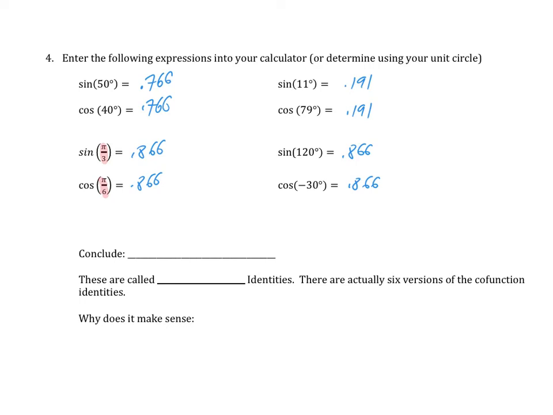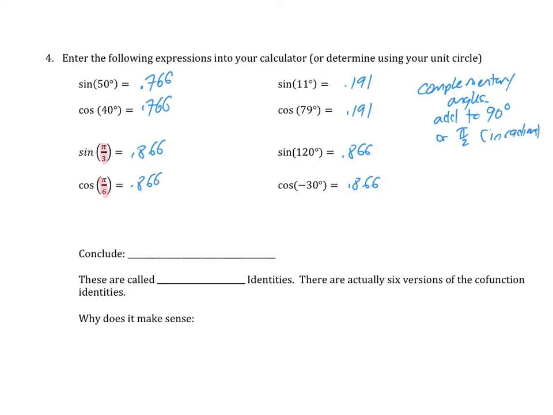So the conclusion here is that these are complementary angles, right? So that means they add to 90 degrees if we're in degrees, or pi over 2 in radians.